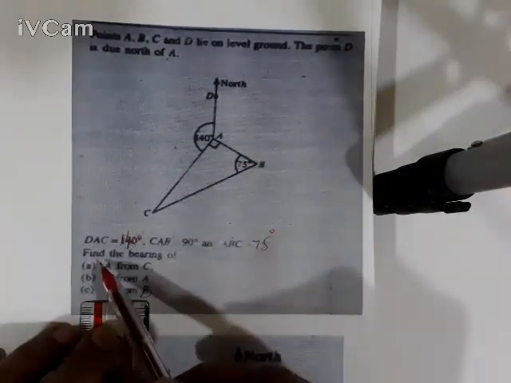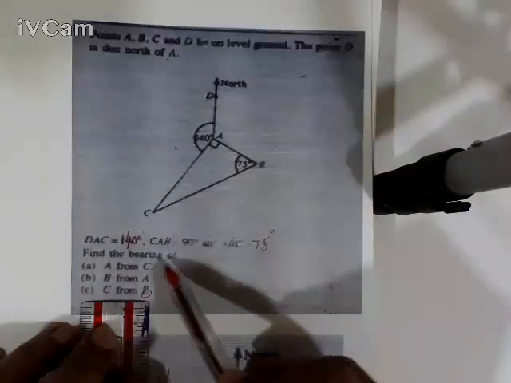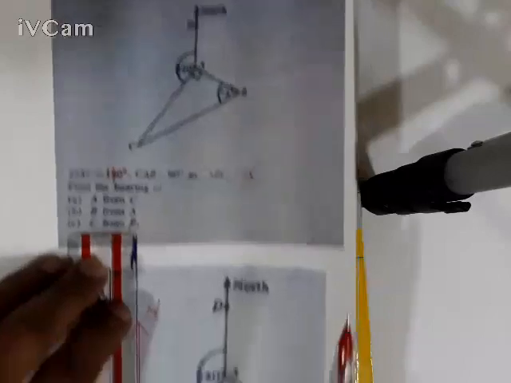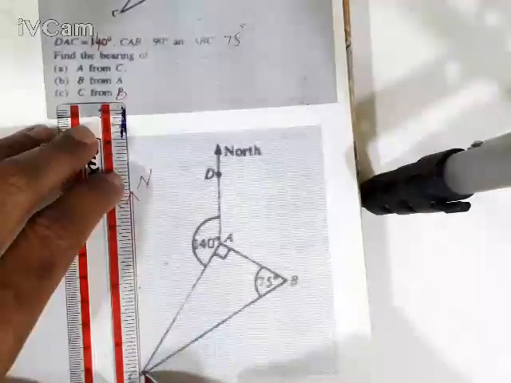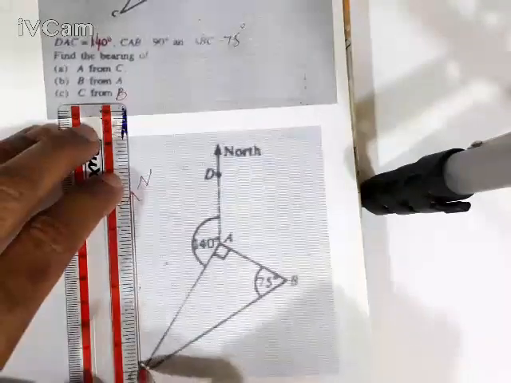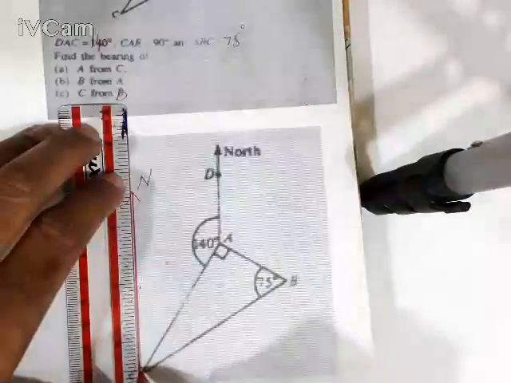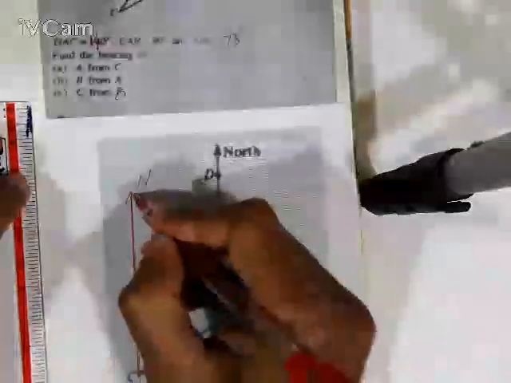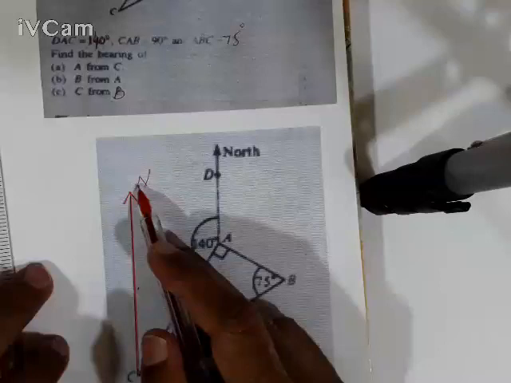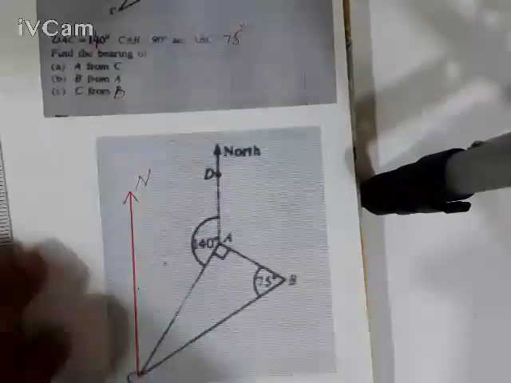Now firstly we can calculate the bearing of A from C. For this case we have to draw a parallel line from point C. So we have to draw this parallel line from point C and write N. N shows the north direction.